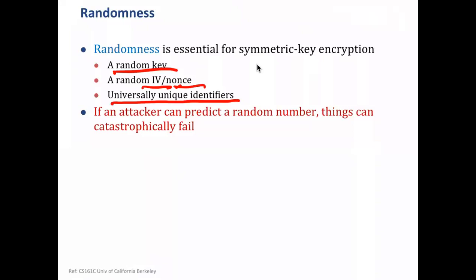Can you give an example of a universally unique identifier? The probability of having the same ID has to be very, very low, practically impossible.